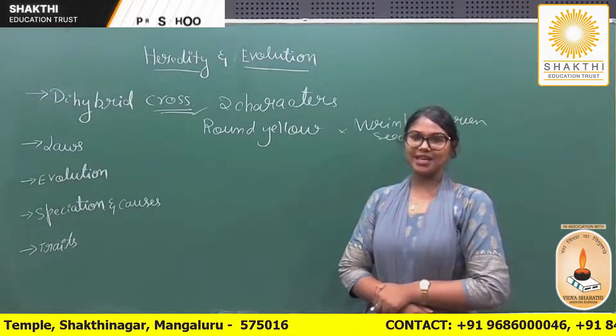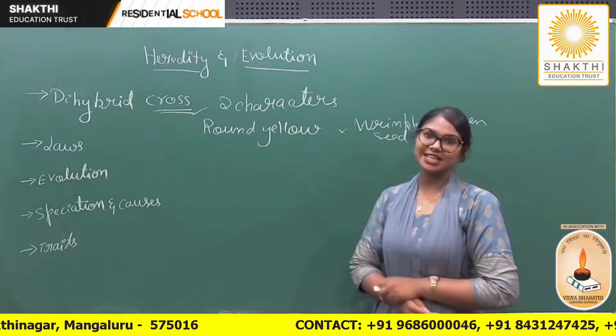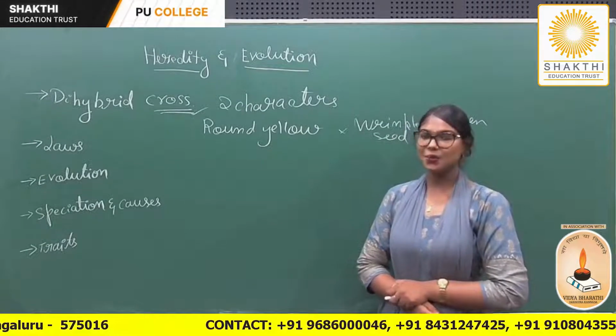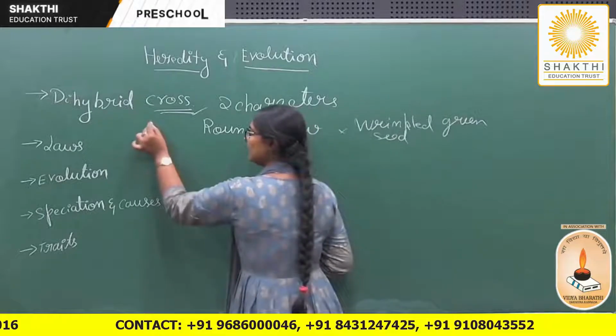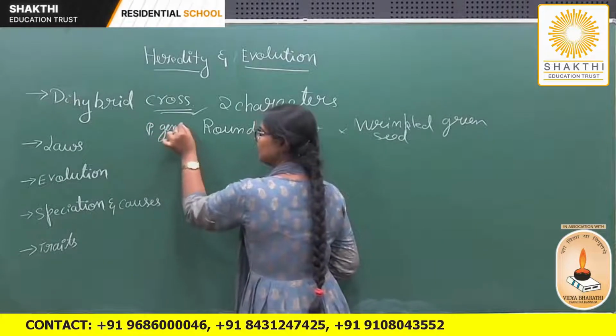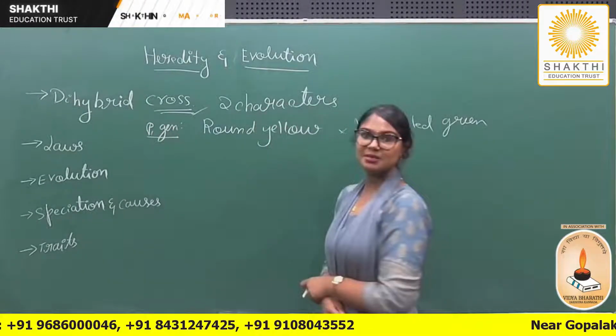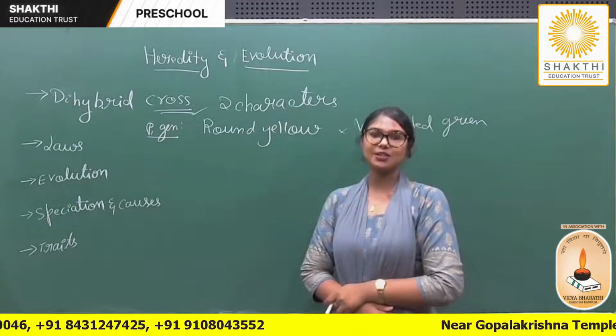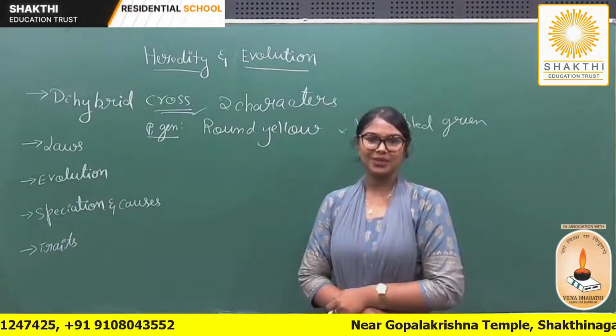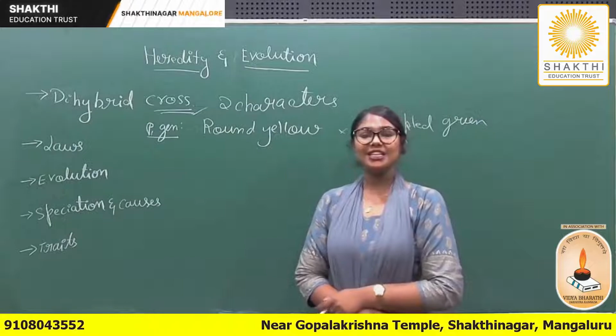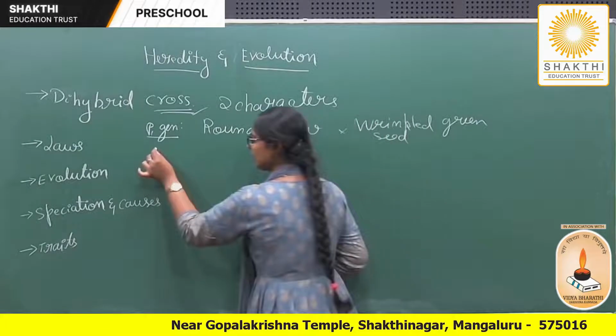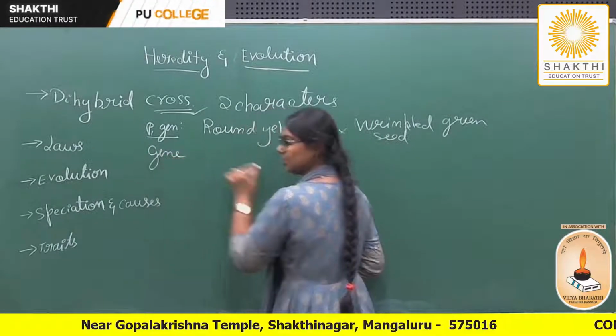Since these are the parents that Mendel takes for his experiment, we shall call this the P1 generation. If you remember, we are always supposed to start with the P1 generation for any cross. Next, we write the genes or the genotype of the P1 generation.